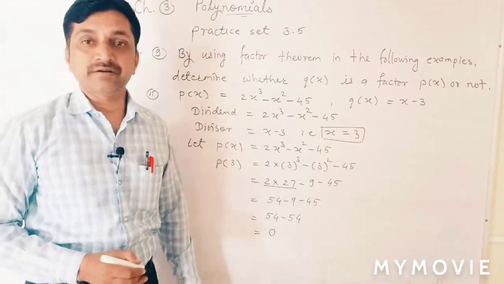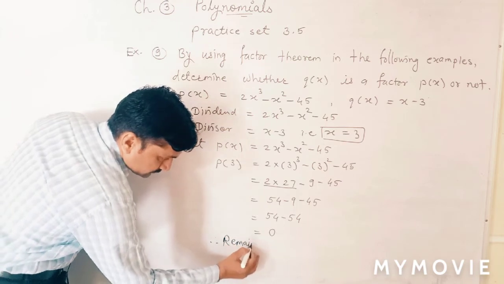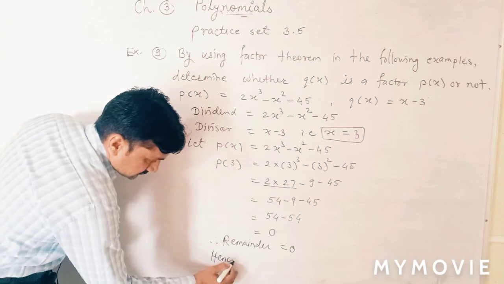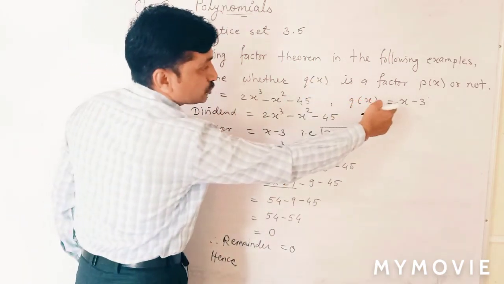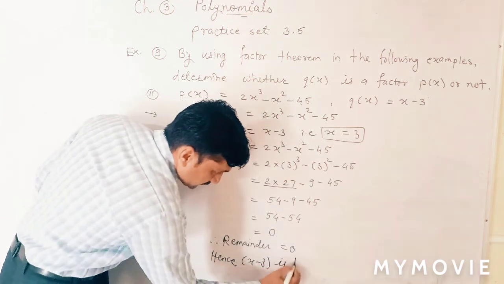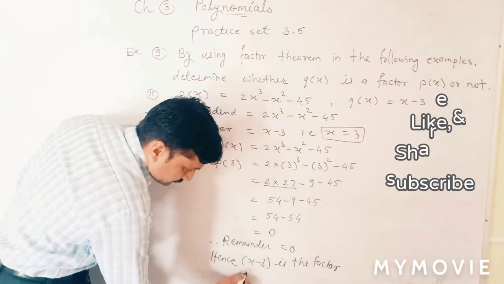We got remainder 0. Therefore the remainder is equal to 0, and hence q of x, x minus 3, is a factor of p of x.